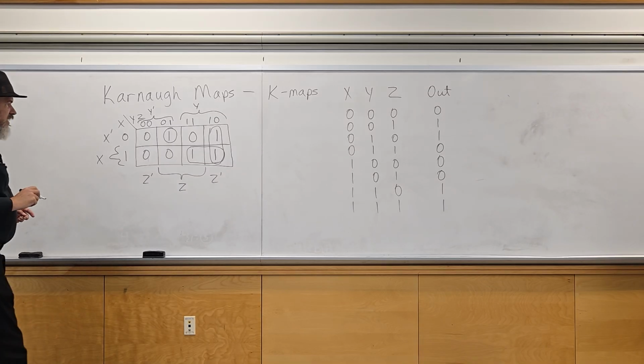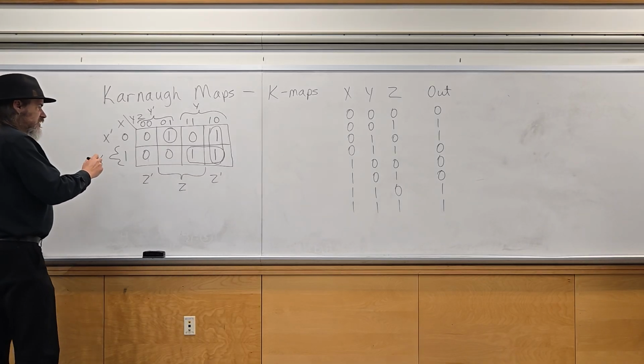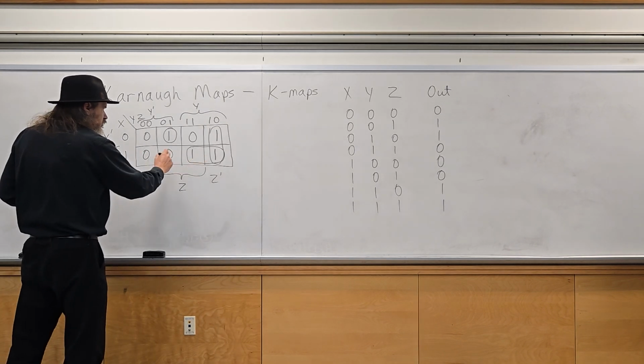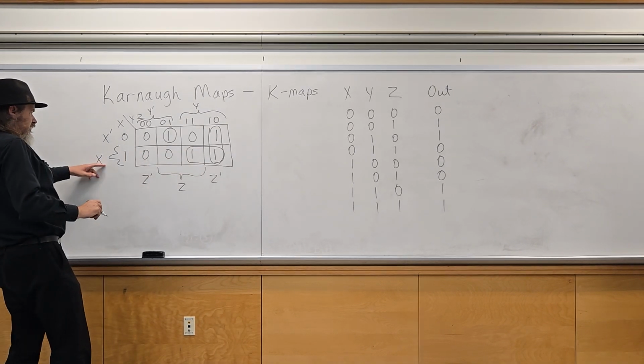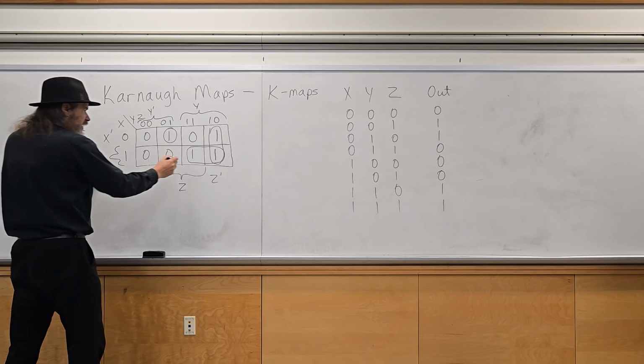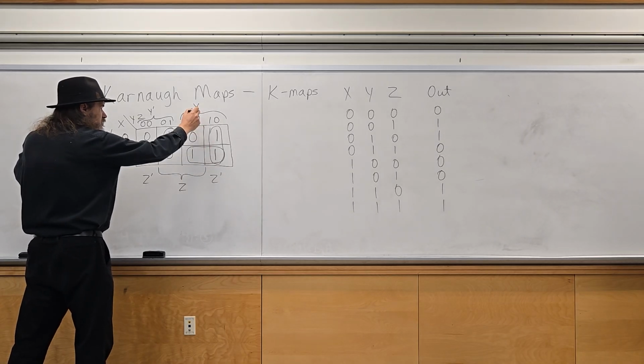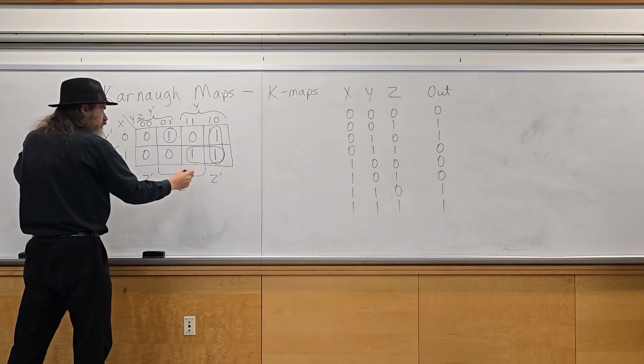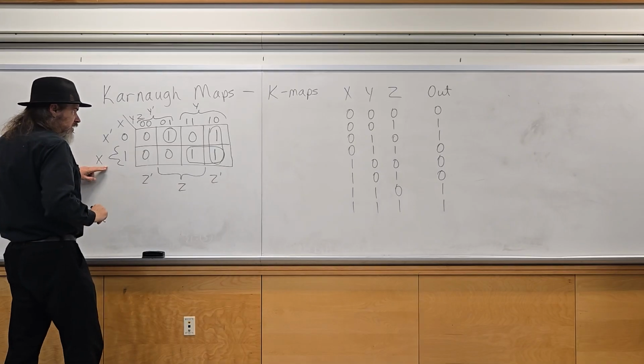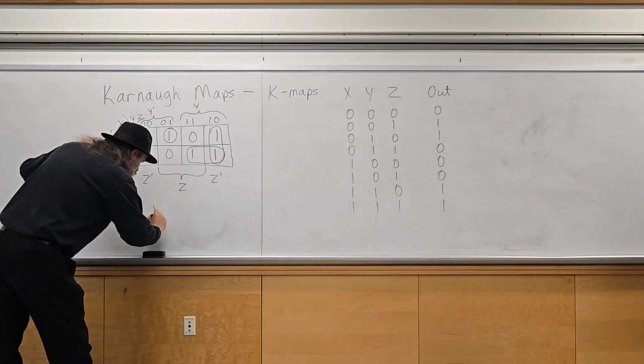So you look at the groups of 2. This one has the X and Y, but it doesn't matter on the Z. So it's XY.